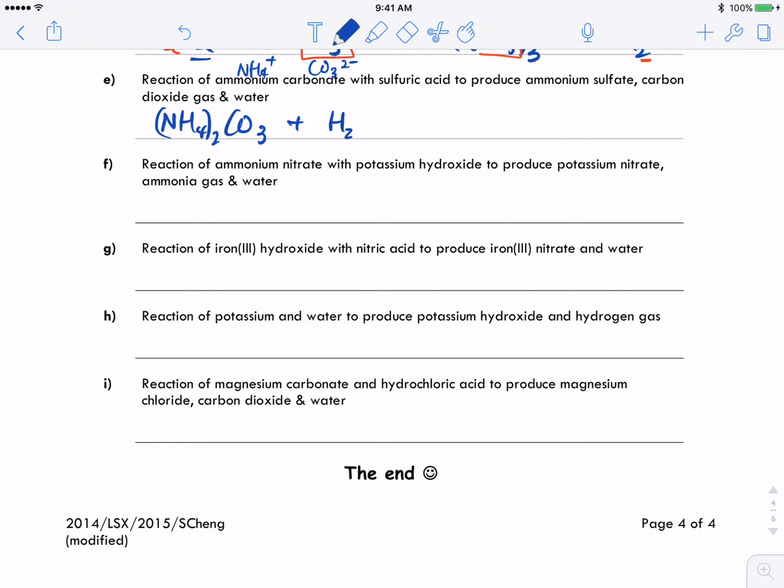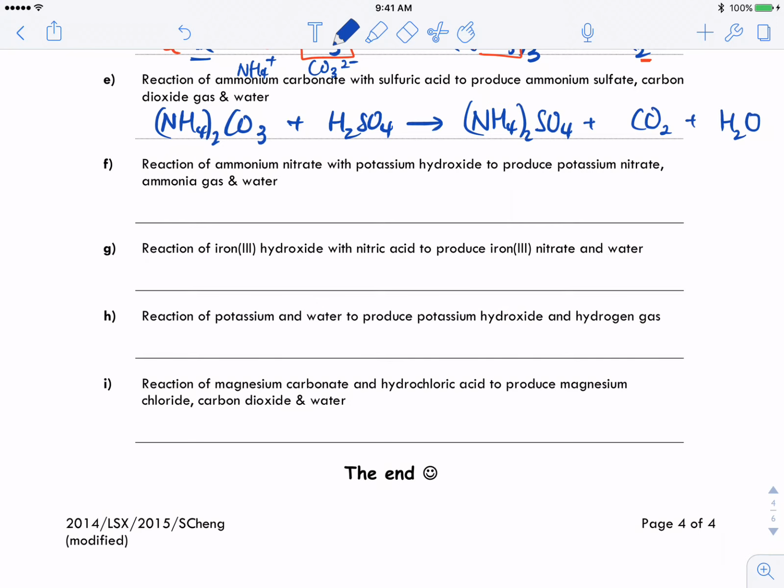Add it to sulfuric acid. That will give me ammonium sulfate plus carbon dioxide and water. Okay, so let's try balancing.